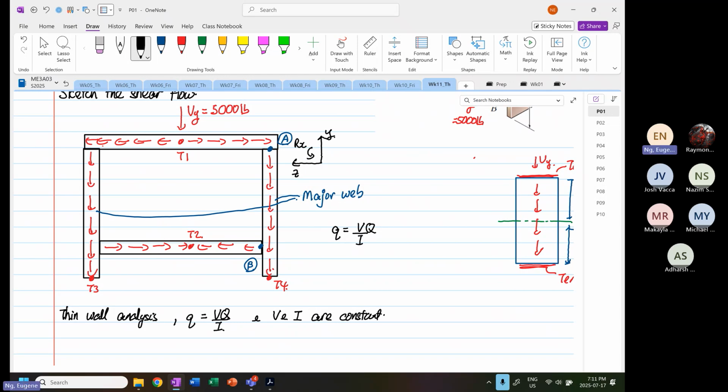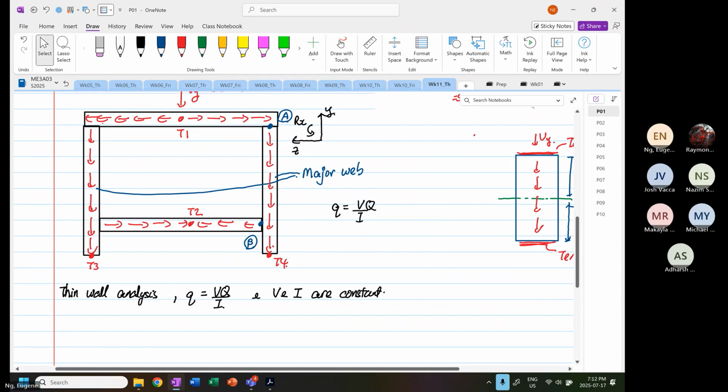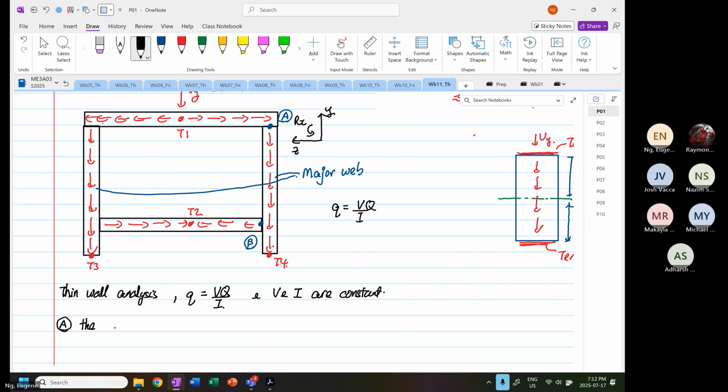Okay. So if you look at point A, if we were to focus on point A, the terminal is at T1. Why at T1? Two things.